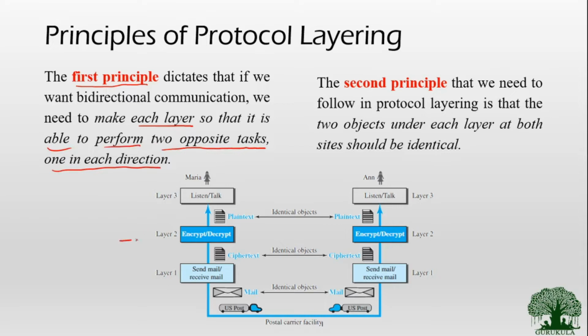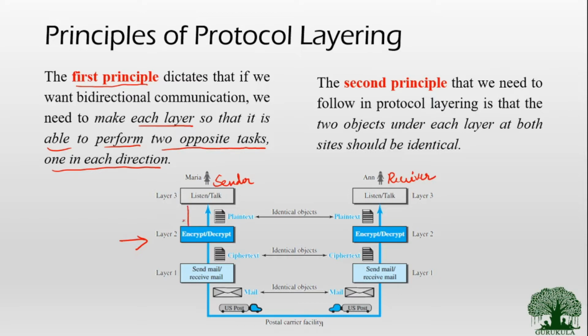So now let us consider this particular layer. Let us assume that Maria is sending an email. So now she is the sender and Anne will be the receiver. Email will be sent from Maria's system and it will be received in Anne's system.